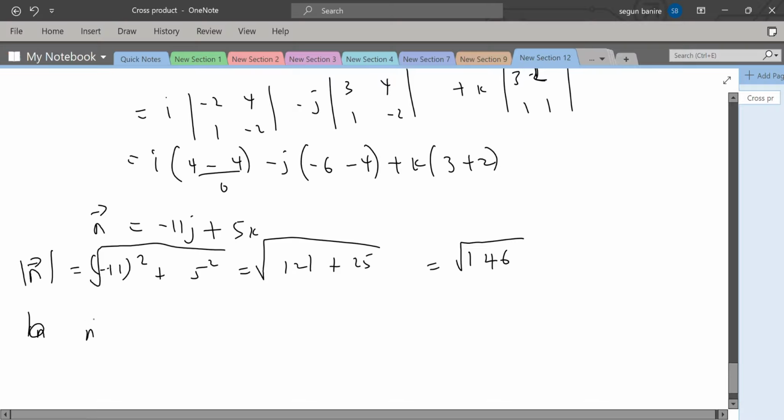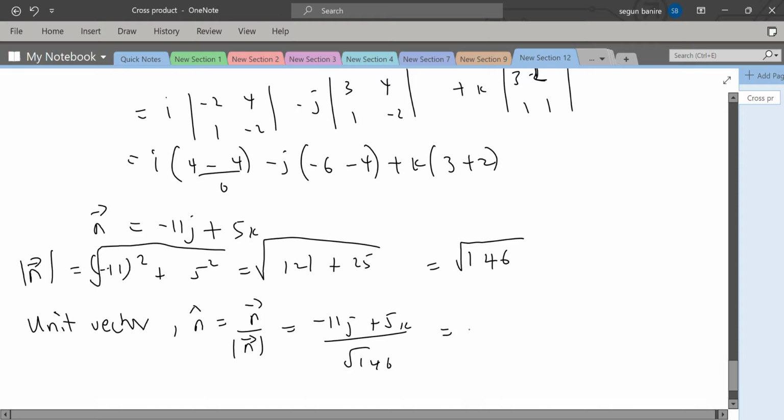So the unit vector, N cap, is N over the magnitude of N. So N is minus 11j plus 5k divided by the square root of 146.